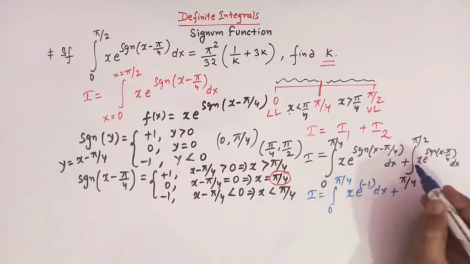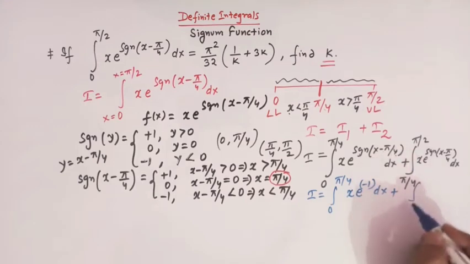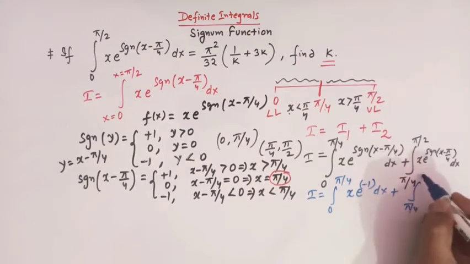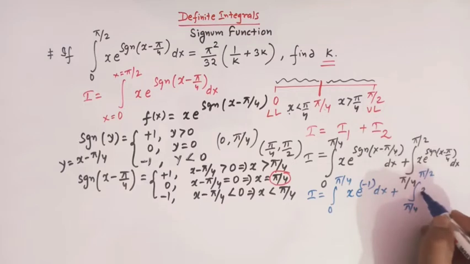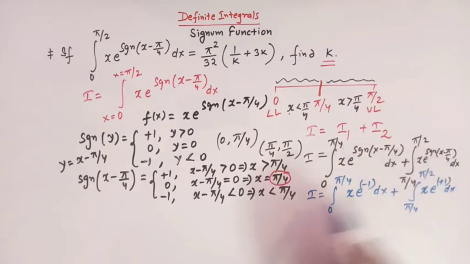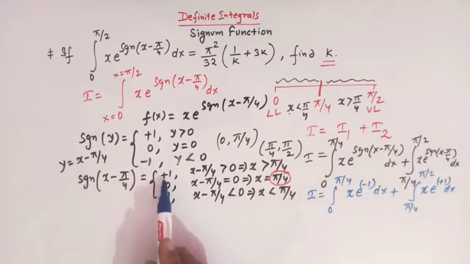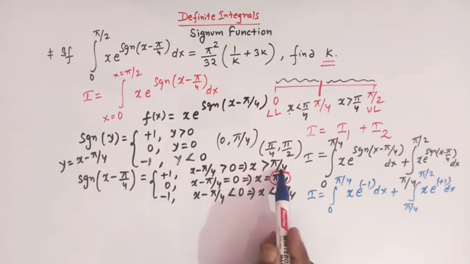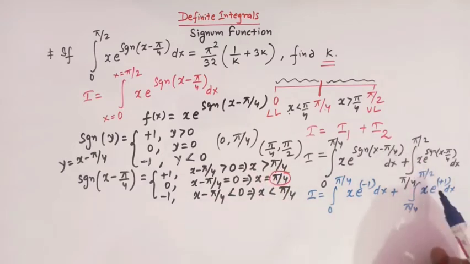And in I2, from π/4 to π/2, we have x e^(+1), because sgn(x − π/4) will take the value +1 whenever x is greater than π/4, right?